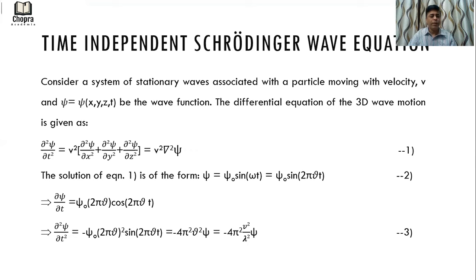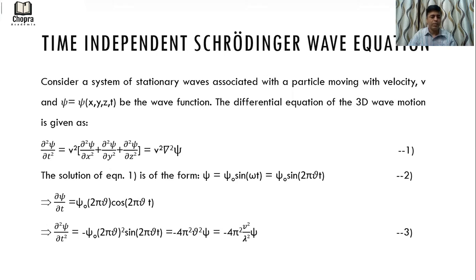I get minus psi naught 2 pi nu whole square sine of 2 pi nu t, which can be written as minus 4 pi square nu square psi, which is equal to minus 4 pi square v square by lambda square psi. I have just used velocity is equal to nu into lambda formula. This is equation number 3.